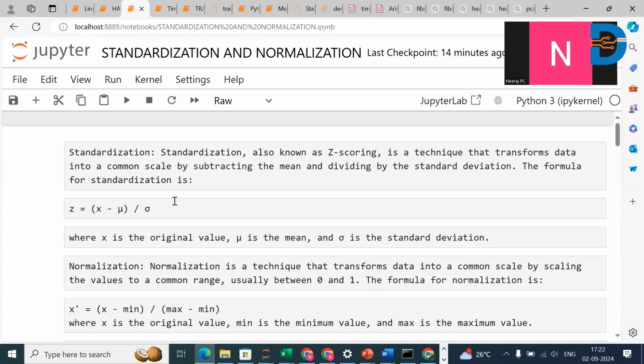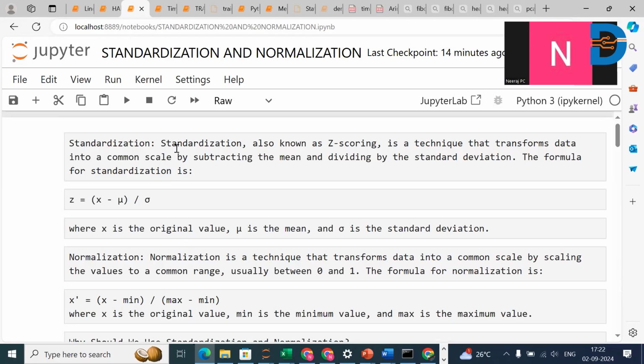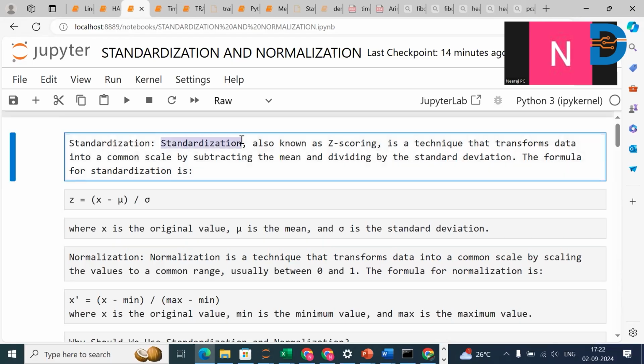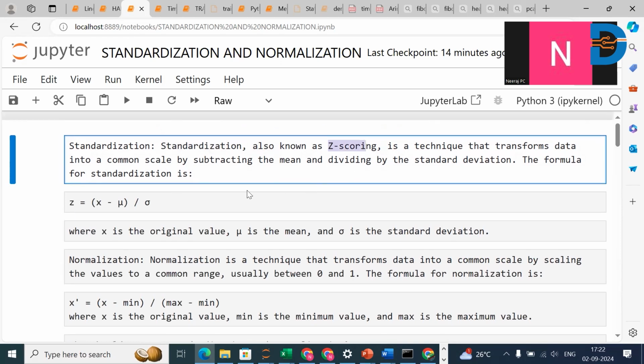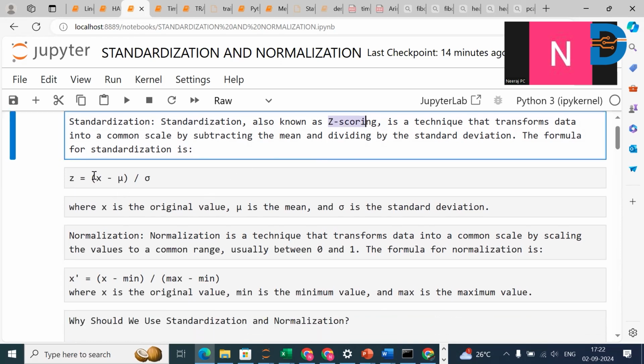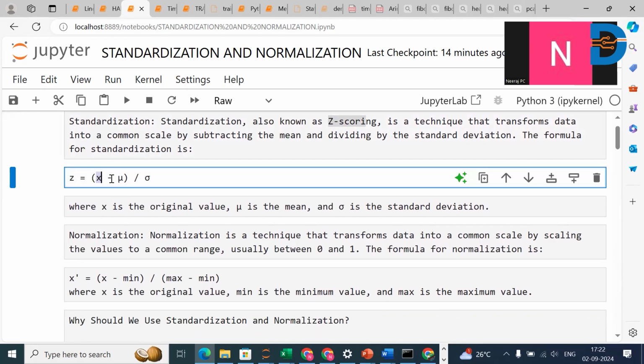Let's see about two of the transformation techniques, standardization and normalization. What is standardization? Also known as Z-scoring. Here in standardization, we use the formula: data point minus mu, divided by standard deviation.